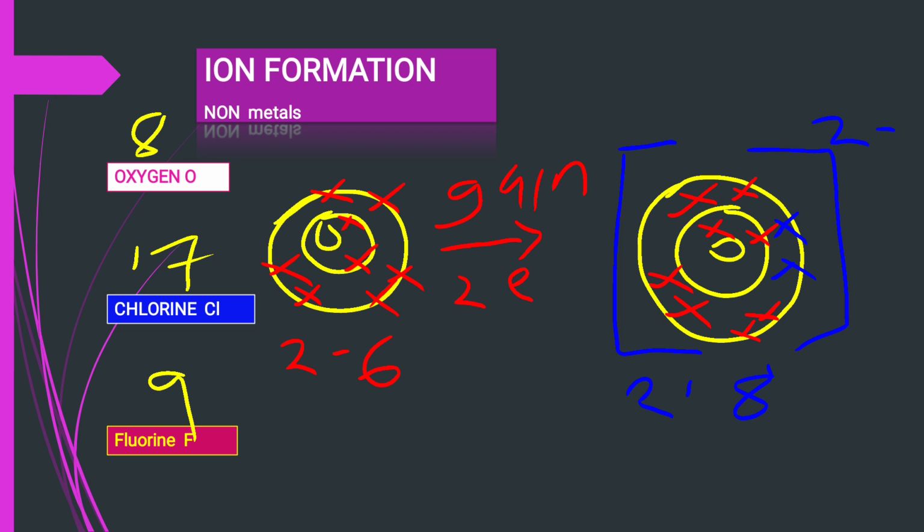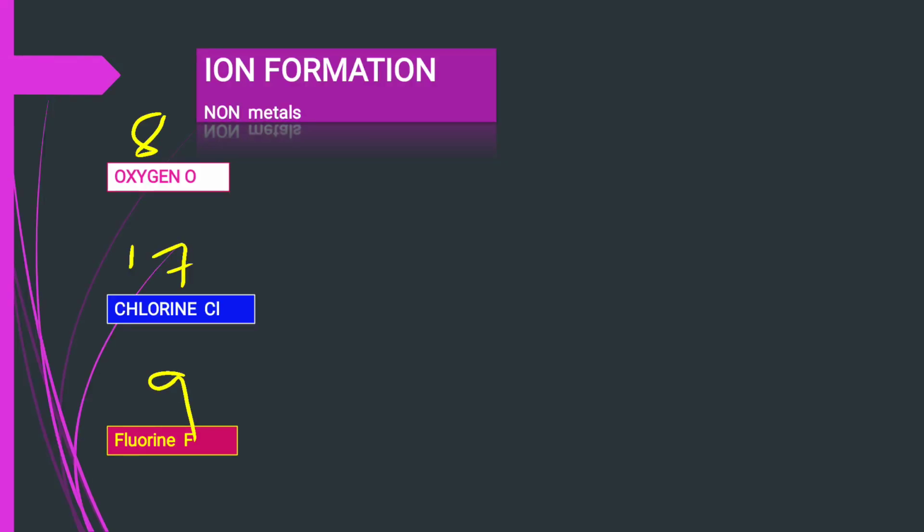We look at another example, chlorine. Chlorine has an electron configuration of 2, 8, 7.